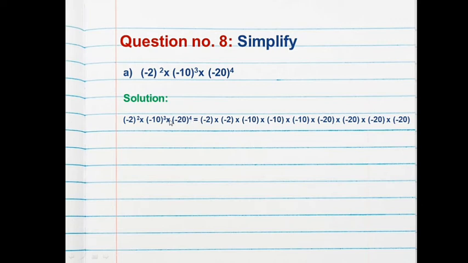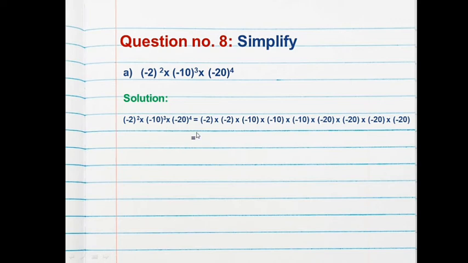And I told you in the first part that when the exponent is even, then the result of the multiplication of the base will be positive, and if the exponent is odd, then the multiplication of the base will be negative. Okay, so here we are going to simplify it.